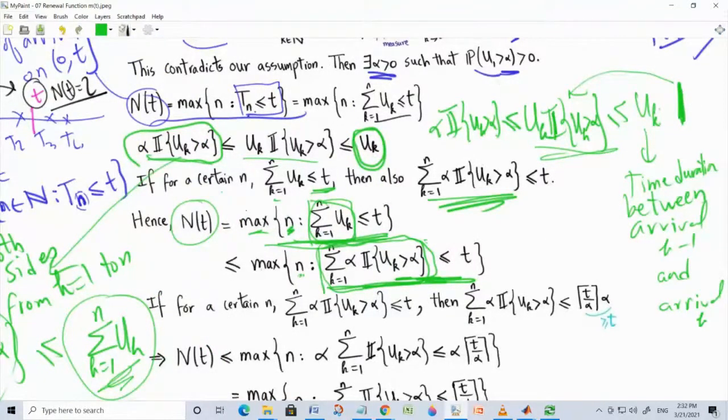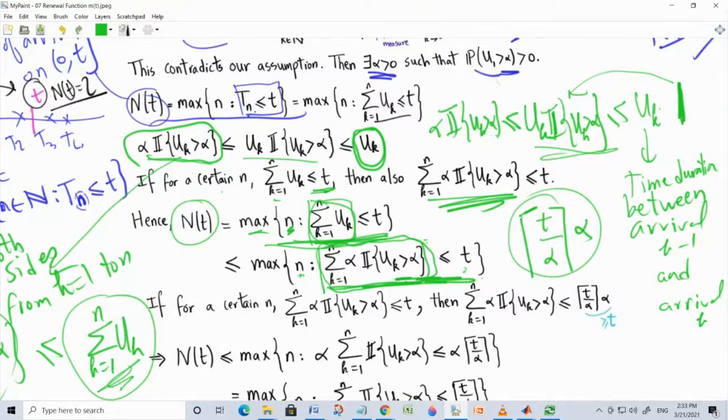Okay. Then we will do another thing, which is that if this summation is less than or equal to t, then it is also less than or equal to the ceiling of t over alpha multiplied by alpha, right? Because if you take the ceiling of t over alpha and then multiply by alpha, you get something that is guaranteed to be greater than or equal to t.